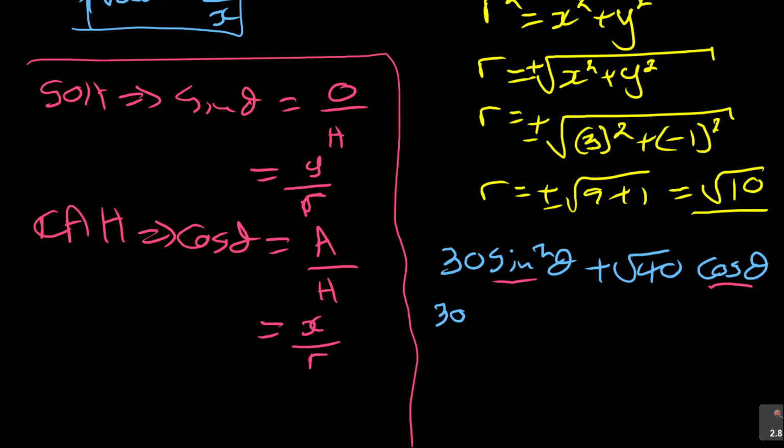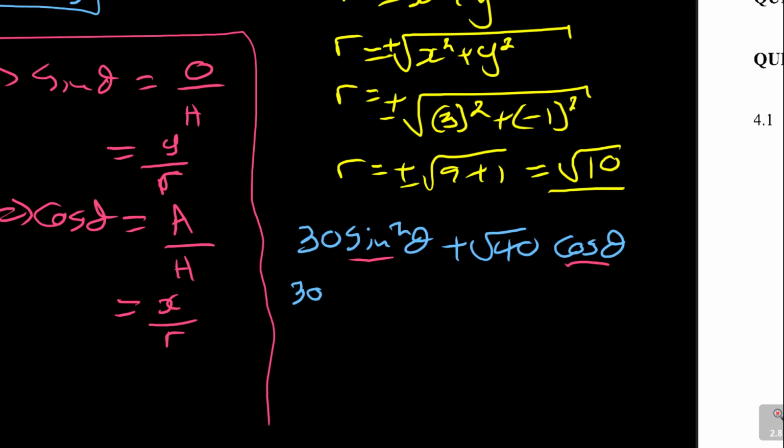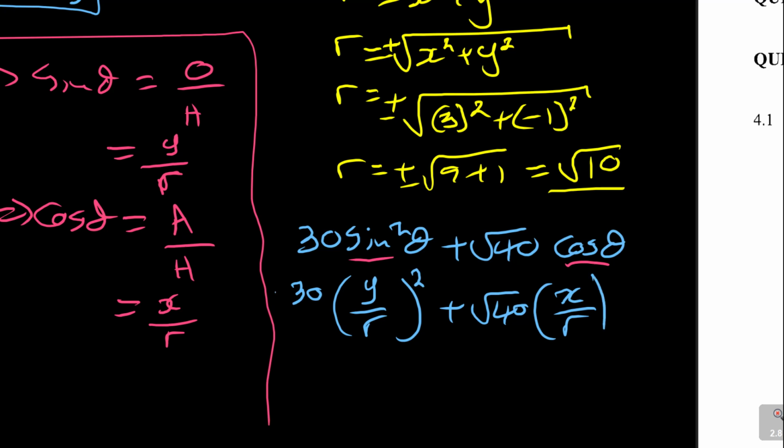So that's what you are having now here, whereby it will be 30, then this squared means you put it there, but sine is y over r plus square root of 40, the cos is x over r. Then you just substitute the values there, which is equal to 30. And then what is your y?